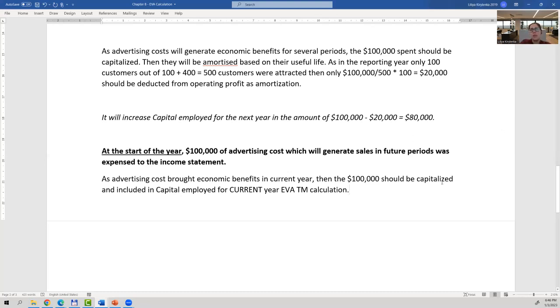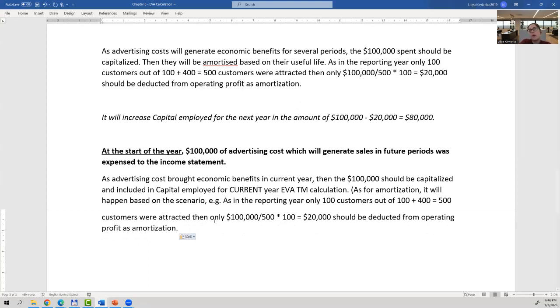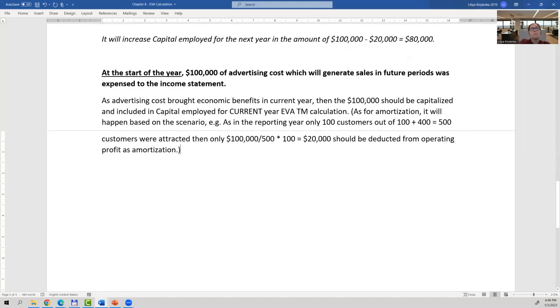As for the amortization, it happens as before, based on the scenario. For example, if 100 customers came this year and 100 are expected to come next year, then we would write totally the same. So the difference is what we do with the capital employed. Okay, going next.